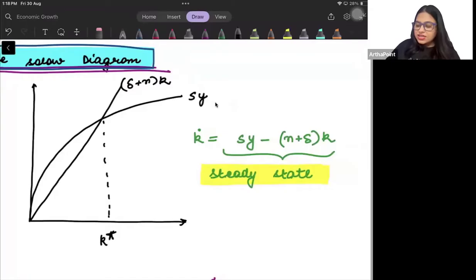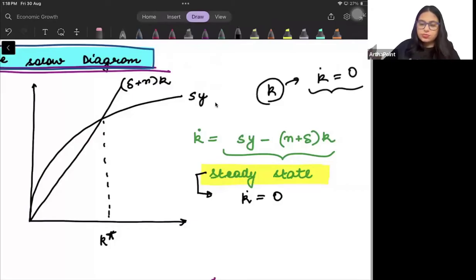A steady state is that state of capital such that k dot is 0. There is no change in capital per worker. वो capital per worker, वो small k, such that k dot is 0, उसको हम बोल देते हैं steady state level of capital.